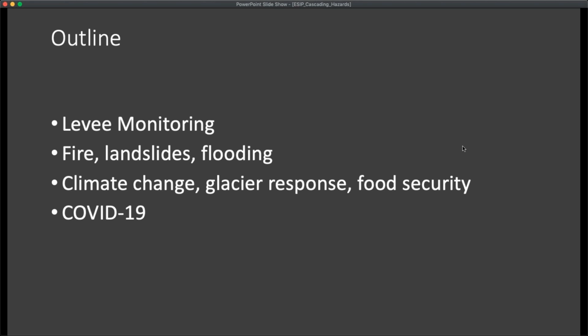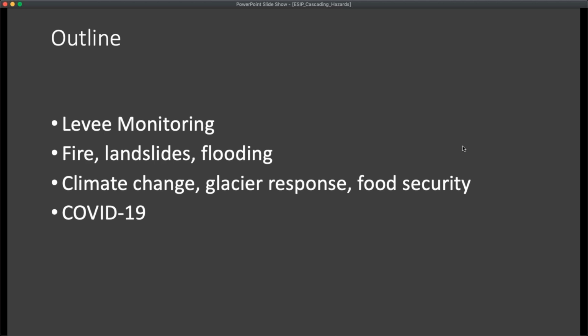The other types of cascading hazards can be considered on a slower time scale, though it depends on how you look at it. For example, there is the levee monitoring example that I'll give. It has a long startup time, but if you ignore the problem and don't pay attention to it, there could be a catastrophic failure.